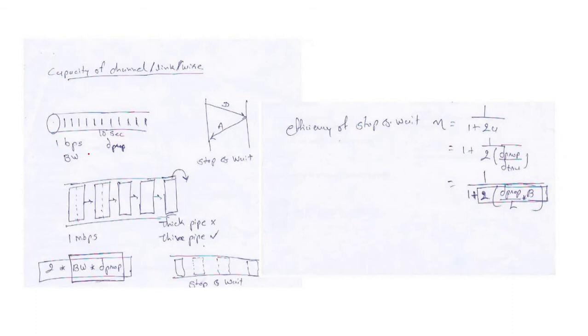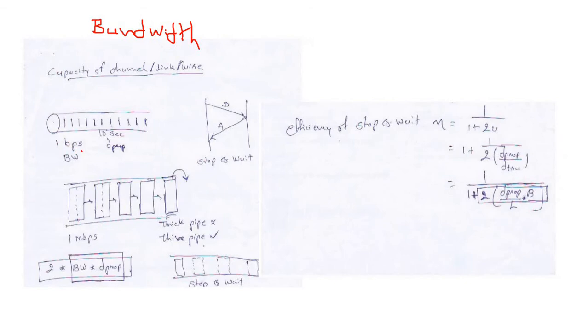It is the channel bandwidth. Many times you hear that bandwidth is 5 Mbps, or 2 Mbps, or 10 Mbps. So first let's understand what the meaning of bandwidth is.